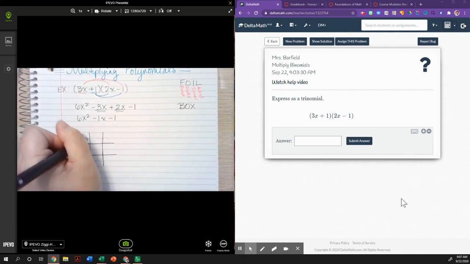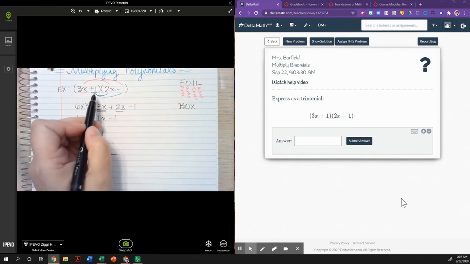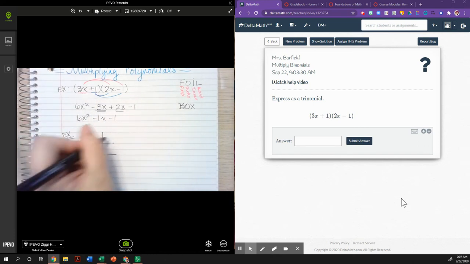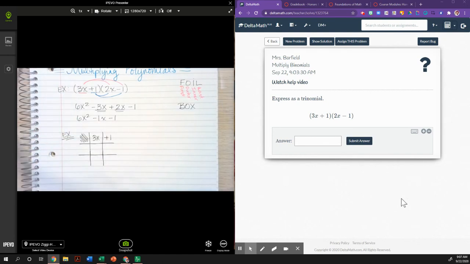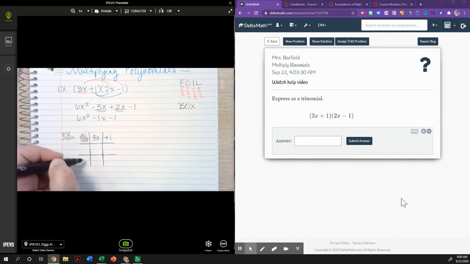You don't put anything in the corner. You can put whichever parentheses you want in the top row or in the first column. So 3x plus 1, I'm going to put in the top row. Then I'm going to take the second parentheses, 2x minus 1, and put it in the first column.